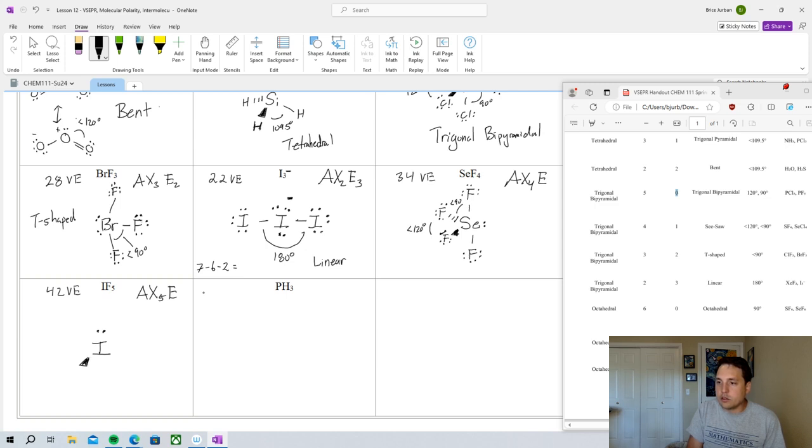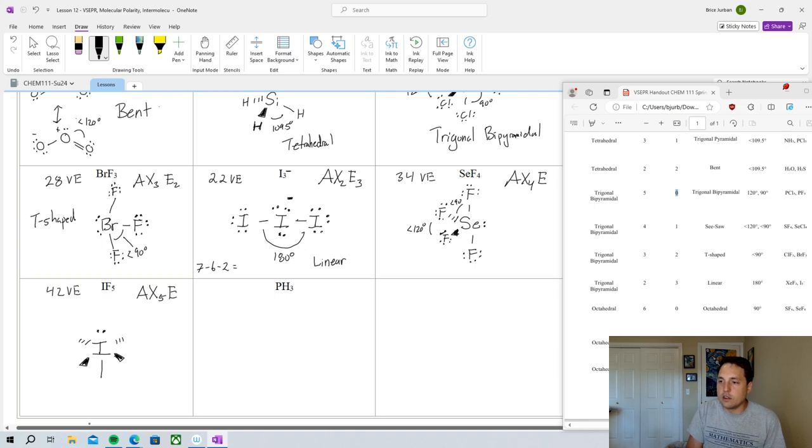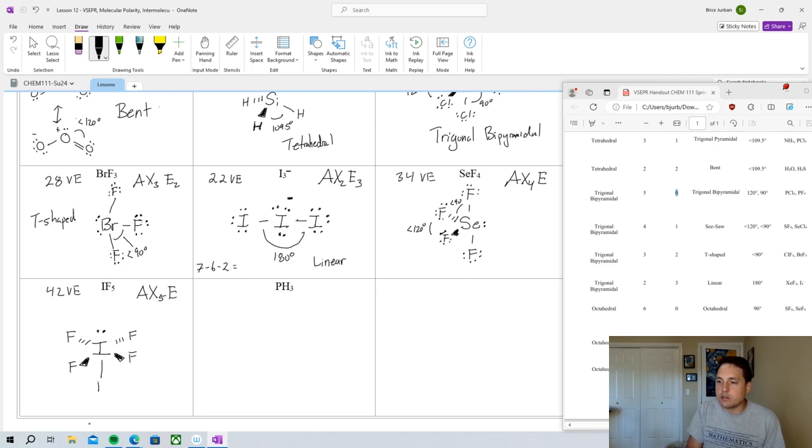And I like to do two sets of wedges and two sets of dashes here, and then one down here, showing that these are all in the same plane. There's a couple ways to draw this, honestly. But this is how I typically draw it. And sorry, my drawings are really terrible today.